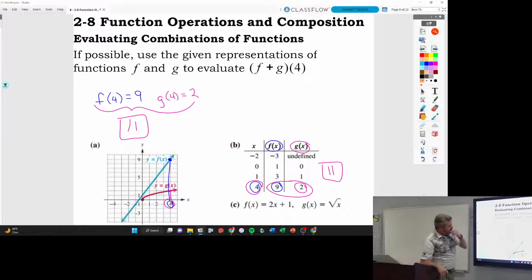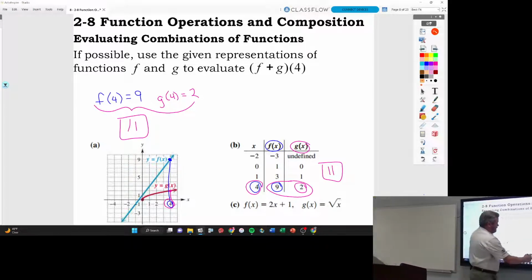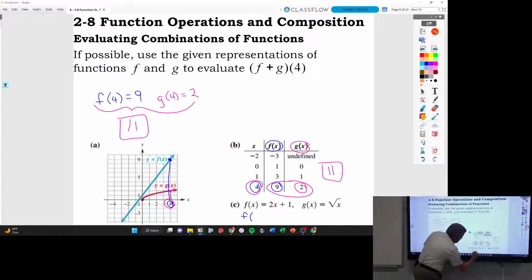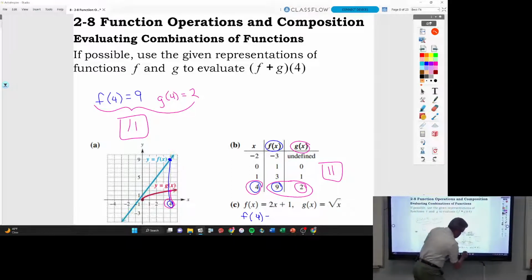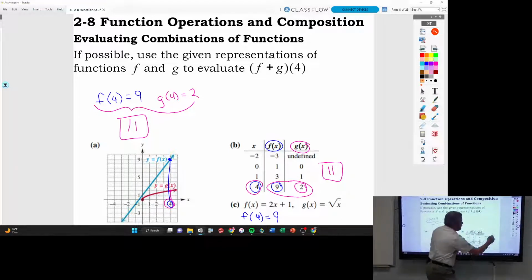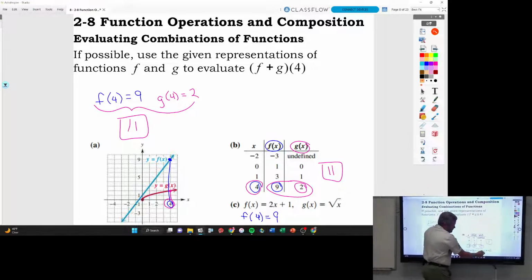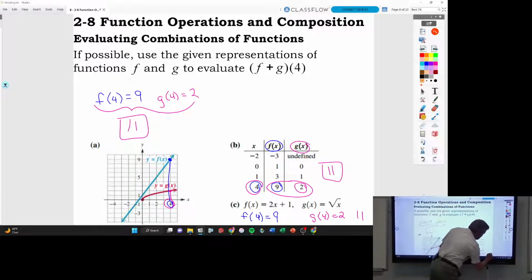Part C, it's the same thing here. f of 4 would be 2 times 4, which is 8, plus 1 is 9. And g of 4, the square root of 4, is 2, and 9 plus 2 is 11.